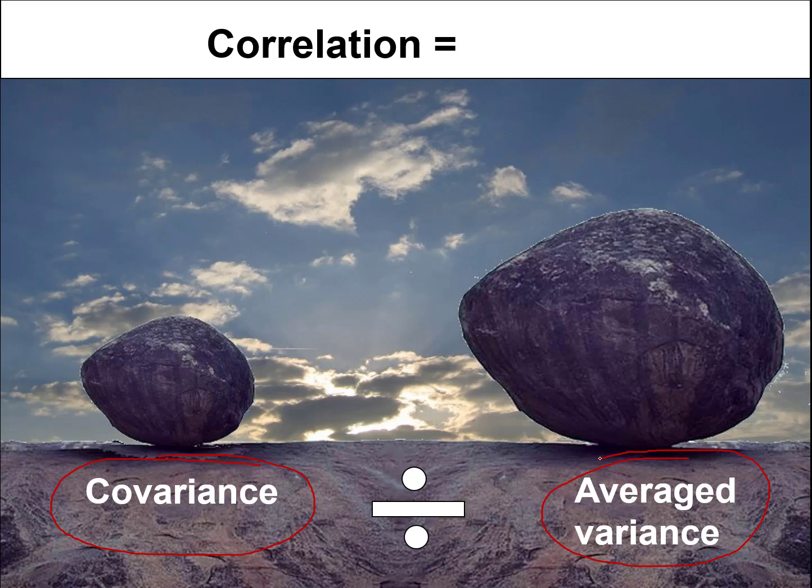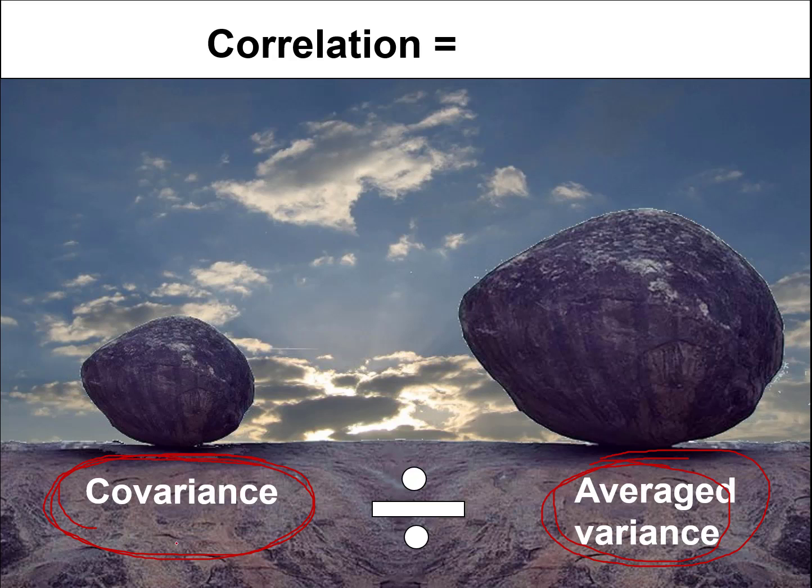And that will essentially give us a value that tells us what percent of averaged variance is covariance. That is, on a scale that ranges from 0% to 100%, where 100% is the biggest value the covariance could possibly be, that is, a value equal to your averaged variance, on that scale, how big is the covariance?